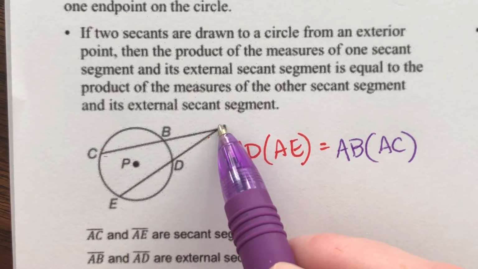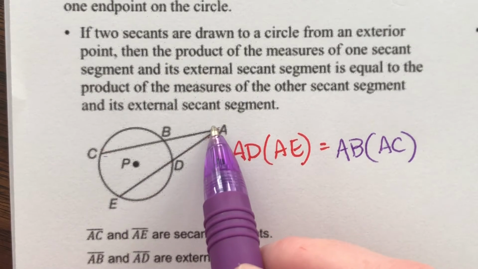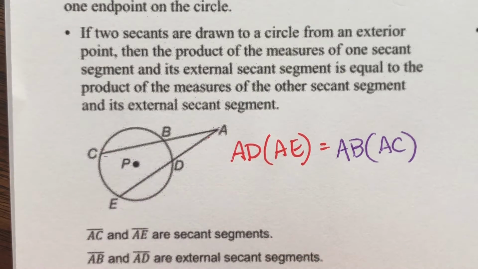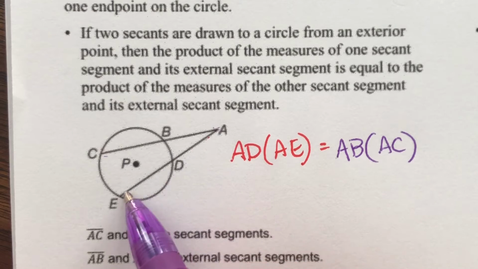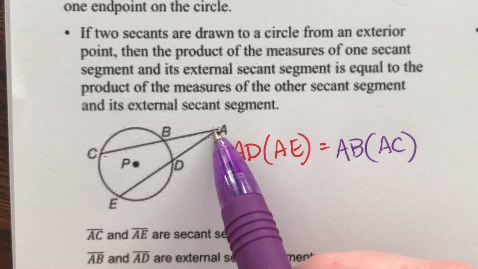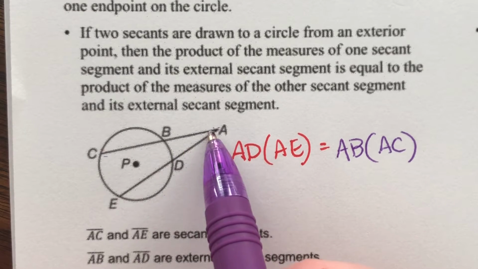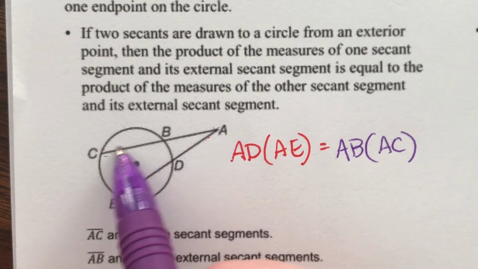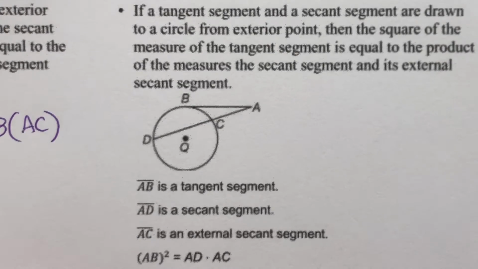In one line, portion outside times the whole thing is equal to portion outside times the whole thing in the other line. Don't multiply outside by inside. That's wrong. It's the outside times the whole thing equals the outside times the whole thing. Right? It's the same when we have a tangent line, okay?